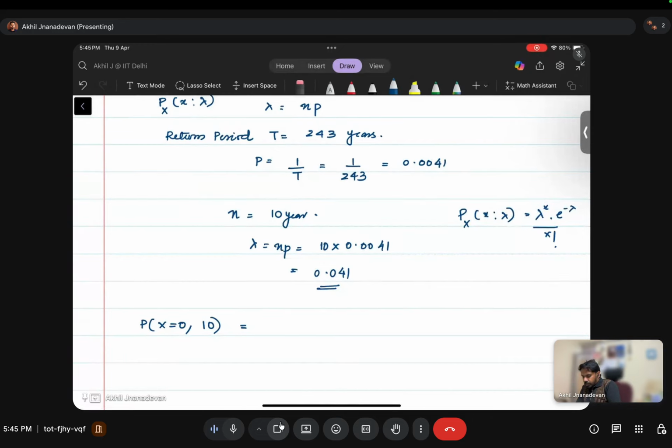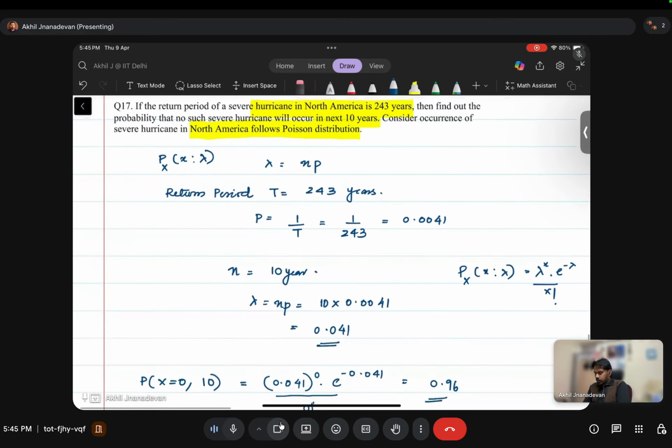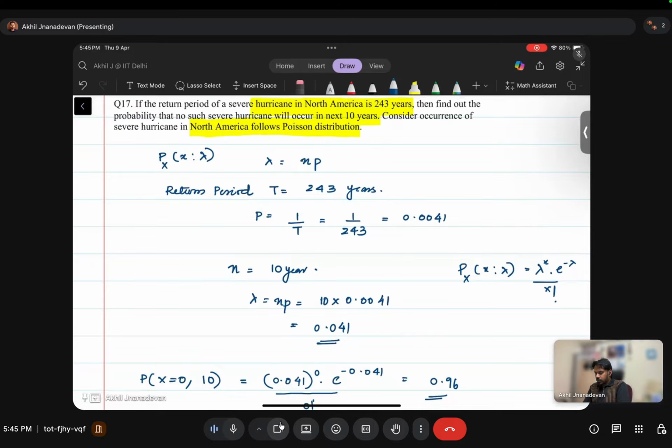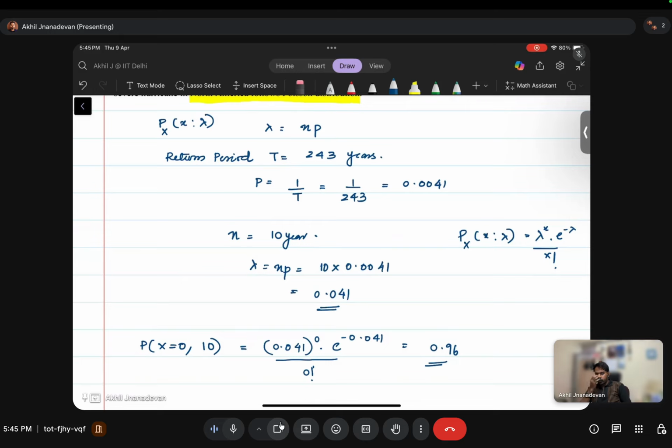So lambda is 0.041 raised to 0, times e raised to minus 0.041, divided by 0 factorial, that is 1. It will be coming around 0.96. So 0.96 is the probability that the hurricane won't occur in the next 10 years. So we have used the Poisson distribution, and non-occurrence can be found in this way.